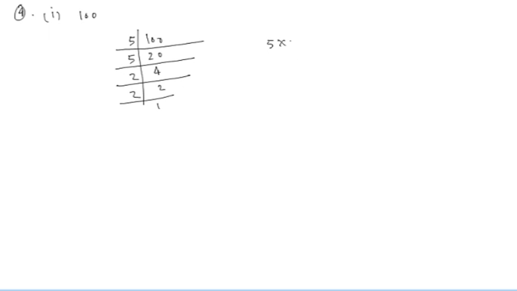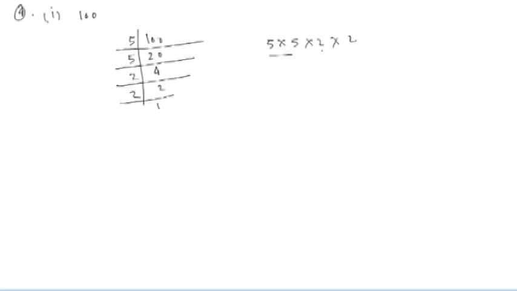so here is 100. The prime factors of 100, just find the prime factors. I'm starting with 5. So the prime factors of 100 are 5, 5, 2 and 2.